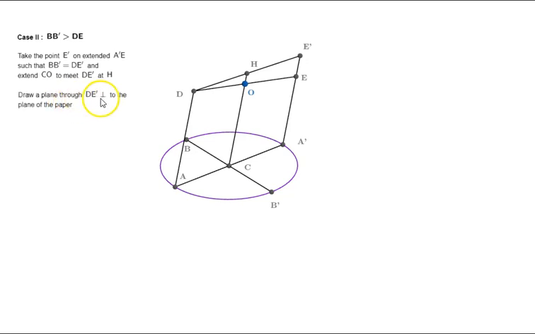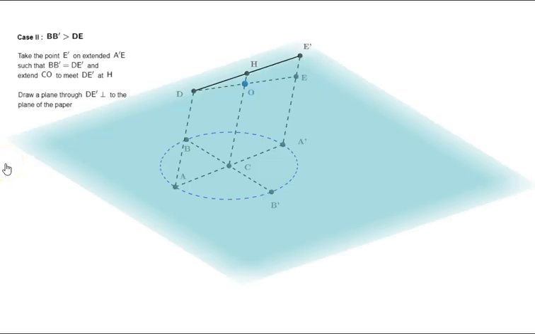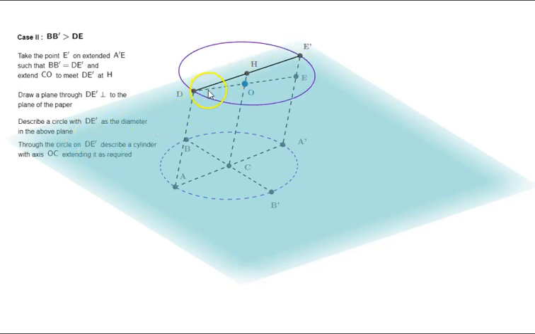Draw a plane through DE prime perpendicular to the plane of the paper. So let's draw that perpendicular plane. And in this plane, we describe a circle with DE prime as the diameter. To the circle on DE prime, we describe a cylinder with axis OC, or we can take HC as well, or any extended points on this line as the axis, and we draw the cylinder.